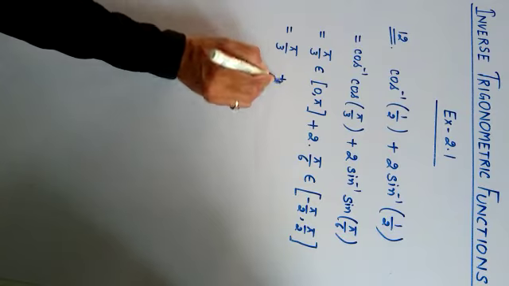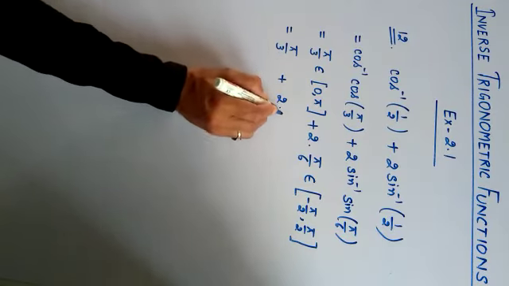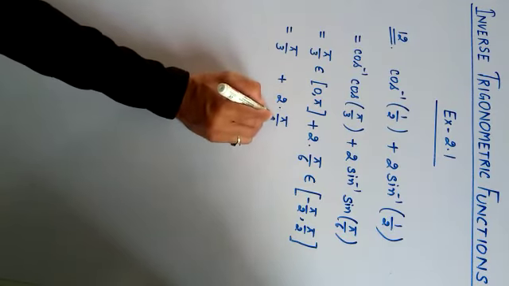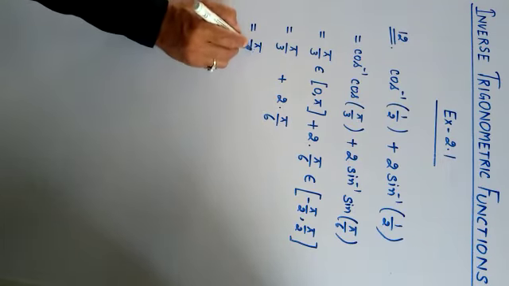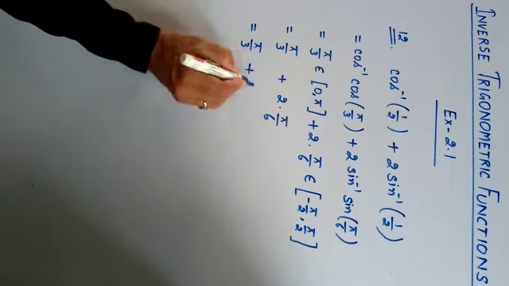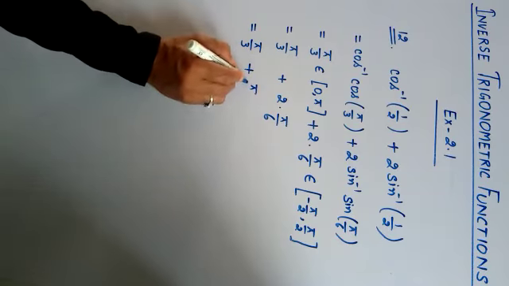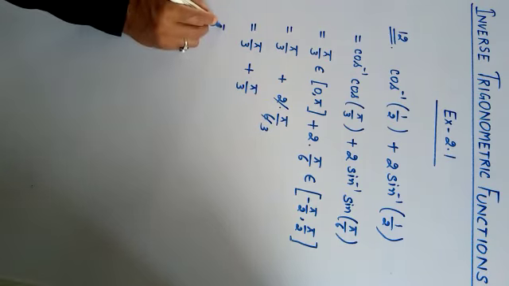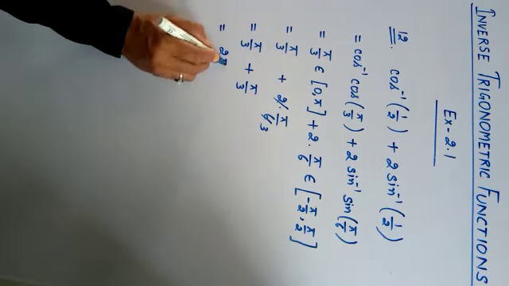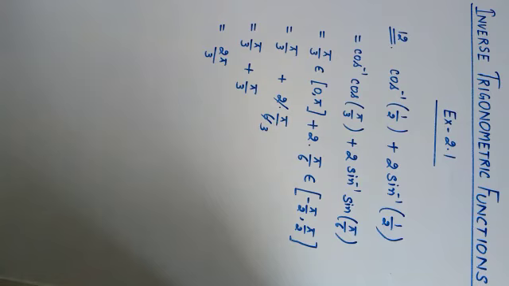So plus 2 into pi by 6, which equals pi by 3, plus pi by 3, cancel out. So final answer will be 2 pi by 3. So similarly you can do question number 11, 13 and 14 also.